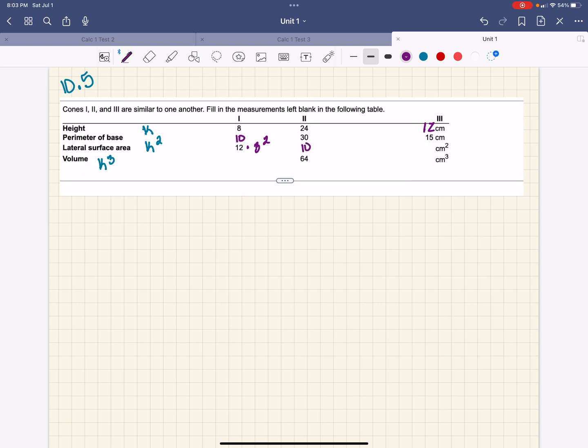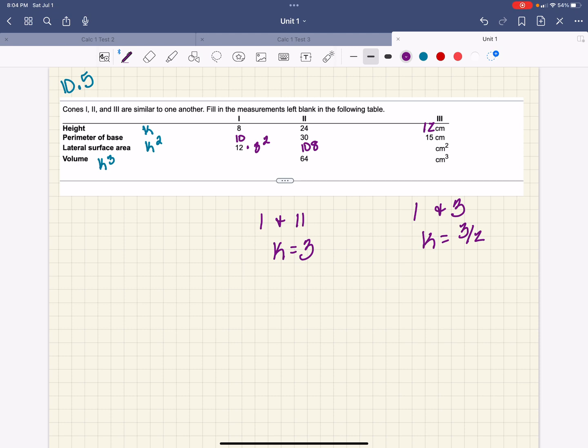That gives us the lateral surface area of that second cone, because our k value is squared. Our k value between 1 and 2 was 3, and our k value between 1 and 3 was 3 over 2.